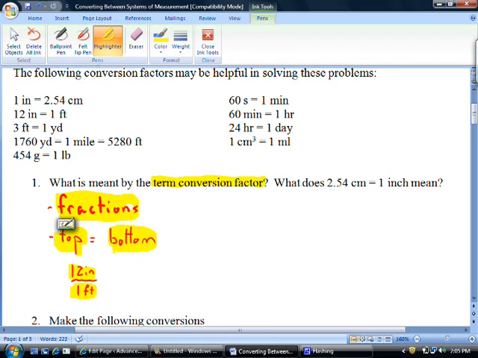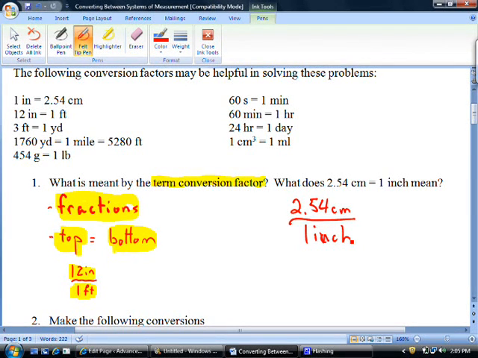So what does 2.54 centimeters equals 1 inch mean to me as a person who makes conversions between one kind of unit and another on a regular basis? Well, it means that 2.54 centimeters is the same thing as 1 inch. Or I may say there are 2.54 centimeters in 1 inch.